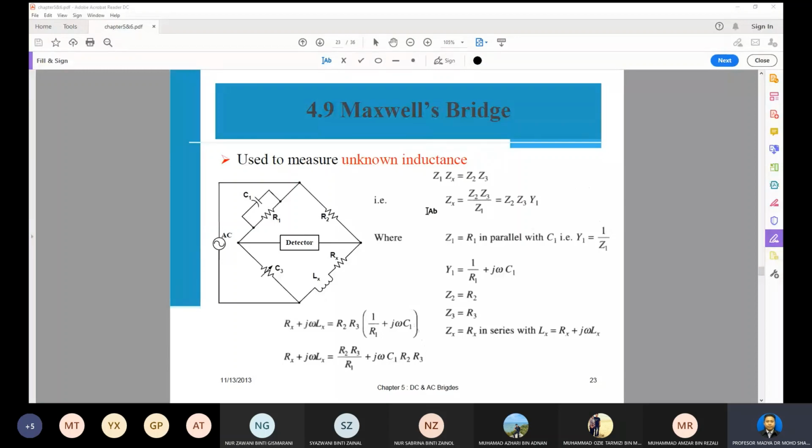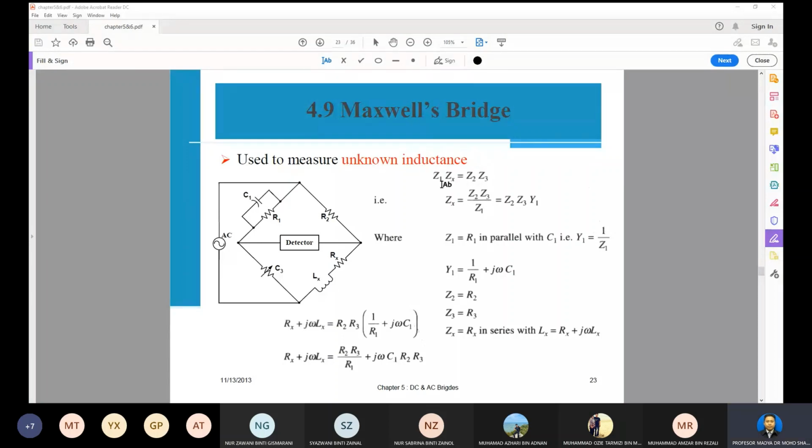So from the balanced circuit, we can get Z1 multiplied by Zx, where Zx equals Rx plus Lx, equal to Z2 multiplied by Z3.